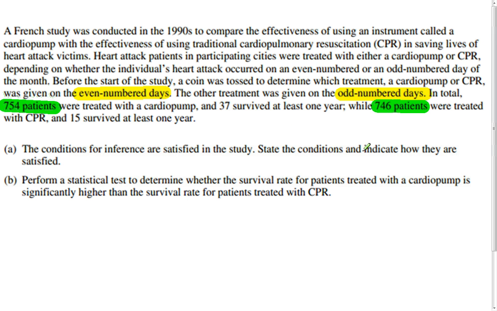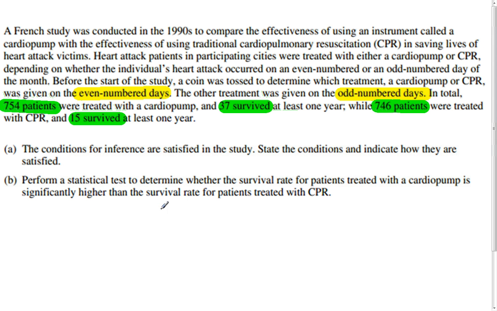And in one study, 37 survived, and the other 15 survived each 1 year. So it looks like we have some number surviving out of some number of patients, some number surviving out of some number of patients. And what then we're looking at is a proportion.